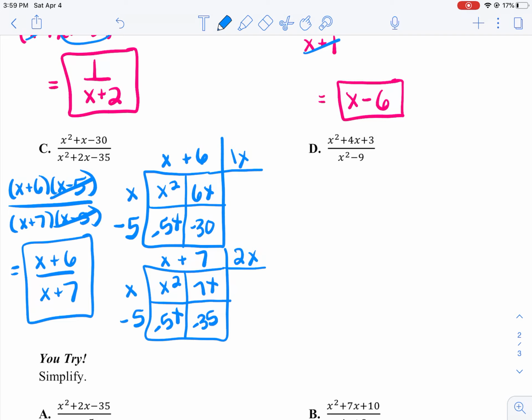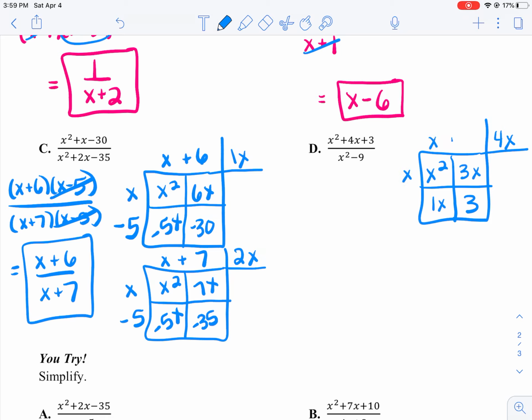Okay? And then the last one here, we're going to factor the numerator using a box. We need two numbers that multiply to 3 and add to 4, so we can use 3x and 1x, and then we take out an x and we get x plus 3, and then we just take out a 1.